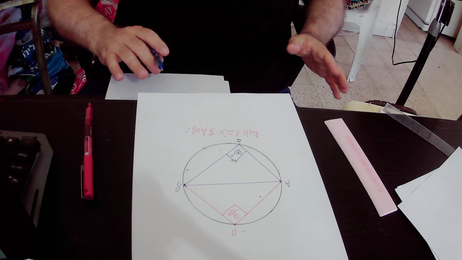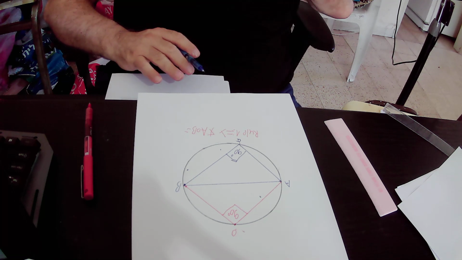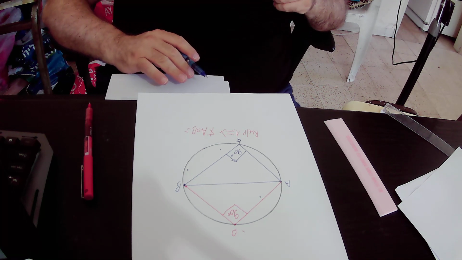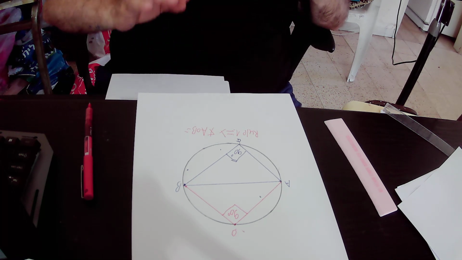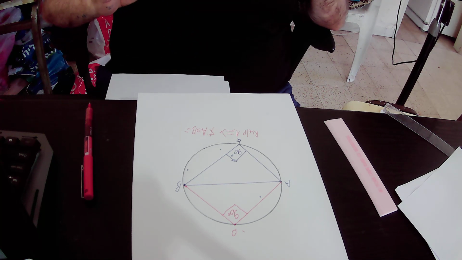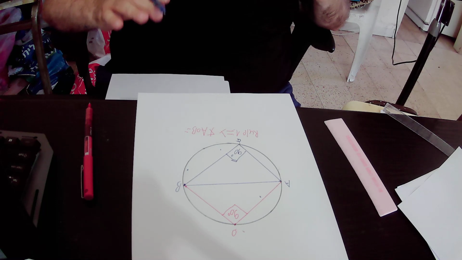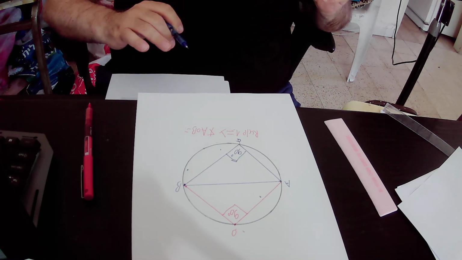So that is the explanation of rule number 1, that any peripheral angle that rests on the diameter of a circle equals to 90 degrees.